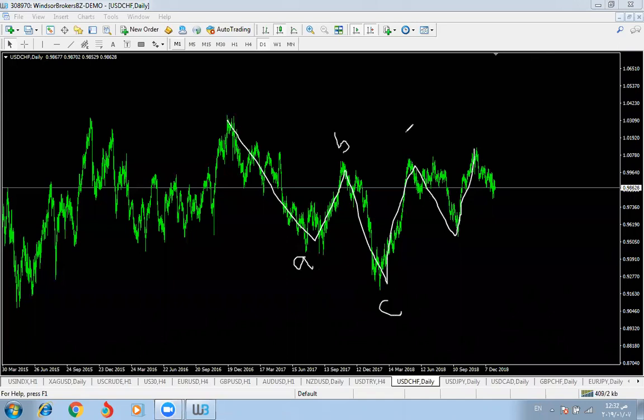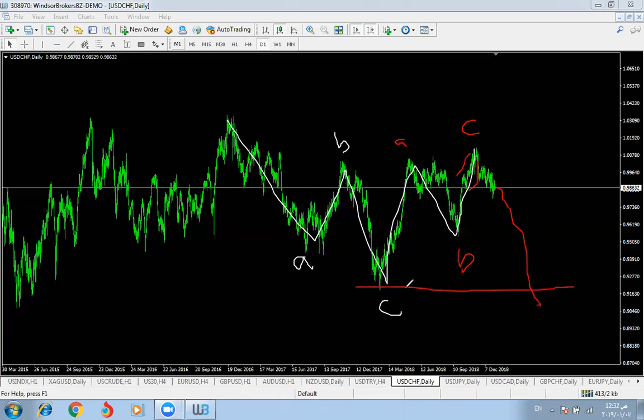ABC, and this is a very clear 5 waves. If you go to lower 4-hour time frames, you can see it very clearly. So we are expecting the Swiss franc to move to the downside to complete the structure.